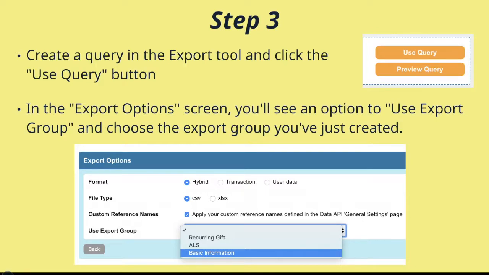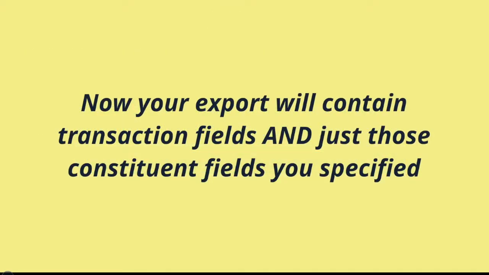It's to choose the export group that you've just created so that your export has only those constituent fields that you want available in the spreadsheet. So select your export group and export. So now your export will contain just those transaction fields, but specifically the constituent fields that you've selected for your export group. So let's go into the system and see how this works.